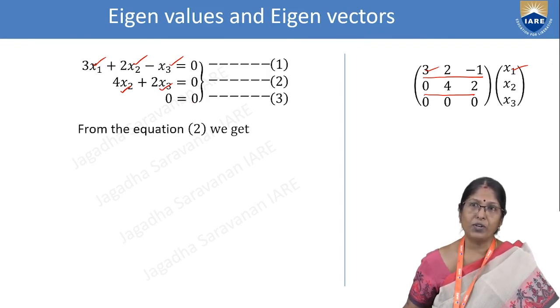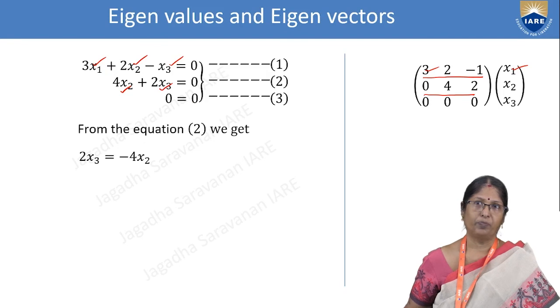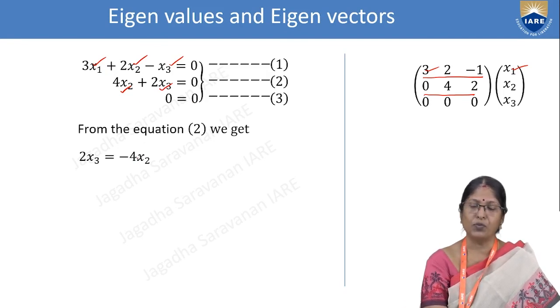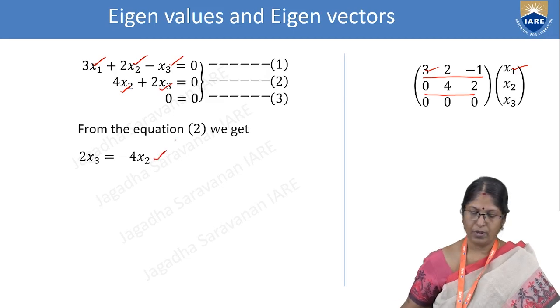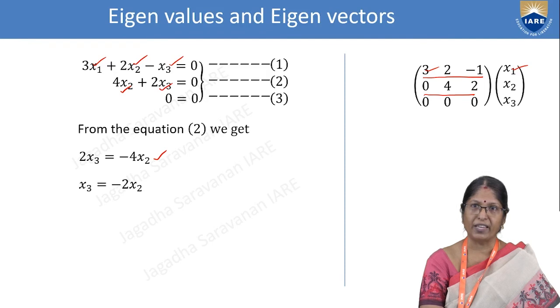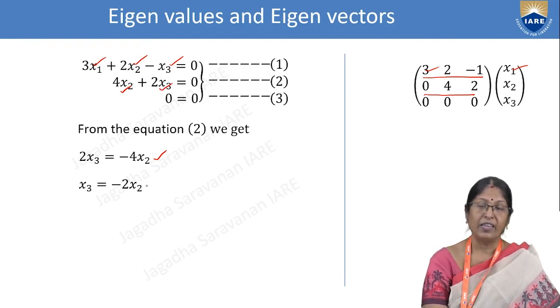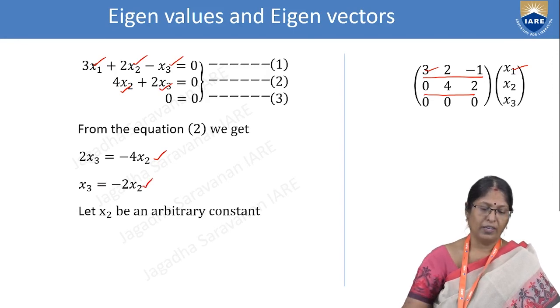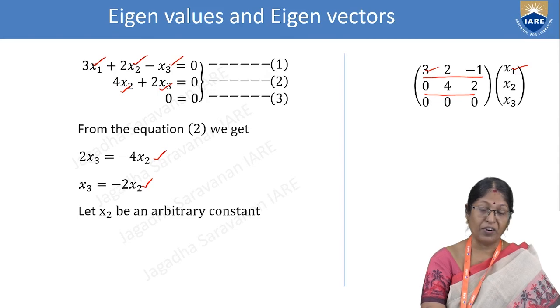From equation 2, 2x3 equal to minus 4x2. Both sides 2 is common, it is cancelled. So we are getting x3 equal to minus 2x2. We got one relation, x3 equal to minus 2x2.